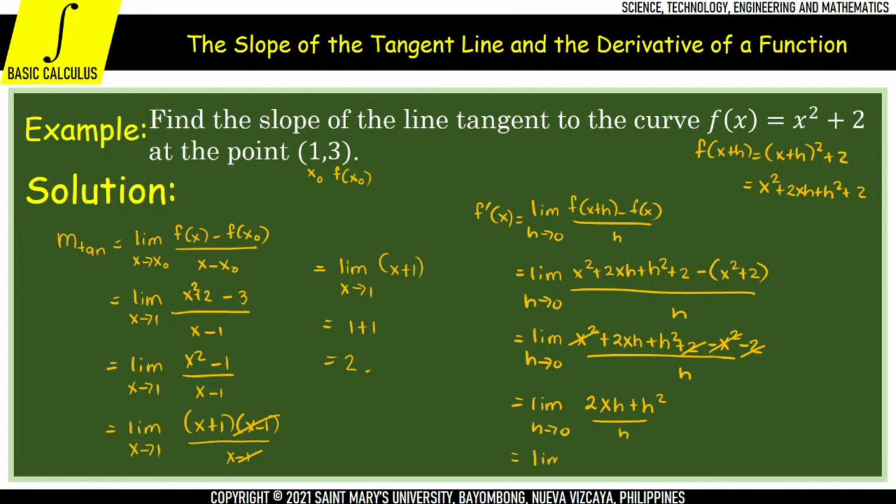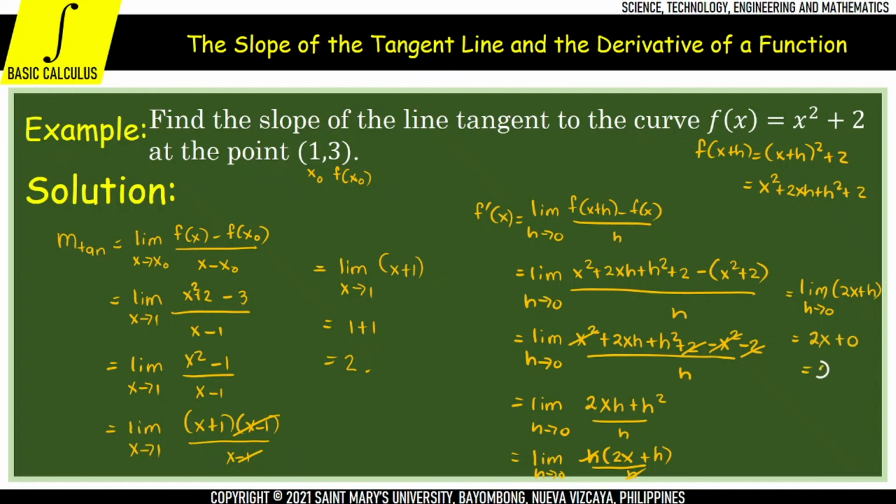Next, factoring out h, that will be h multiplied to 2x plus h all over h as h approaches 0. Next, we continue. We have the limit of, cancel h, the limit of 2x plus h as h approaches 0. Next, substituting 0 for every value of h in our given expression, that is equal to 2x plus 0.